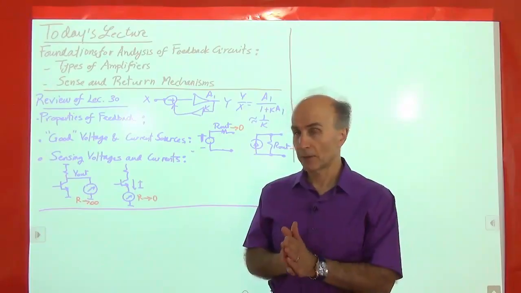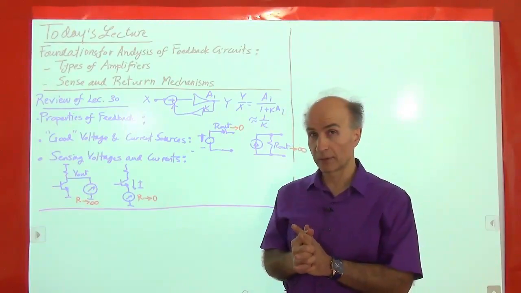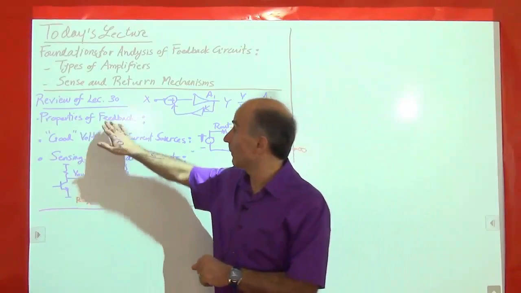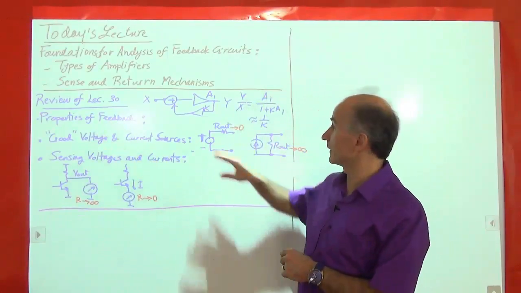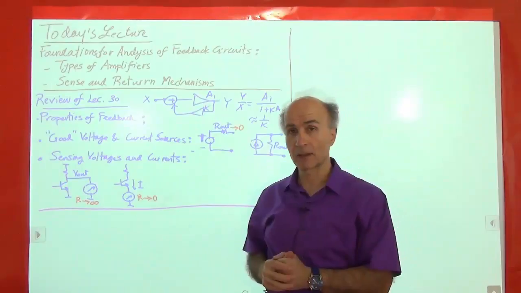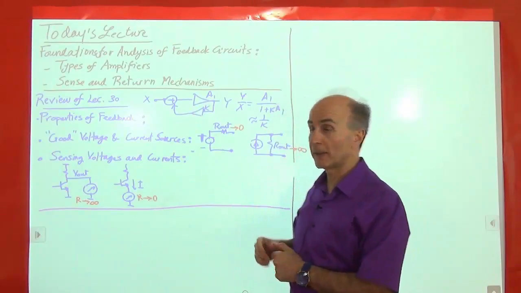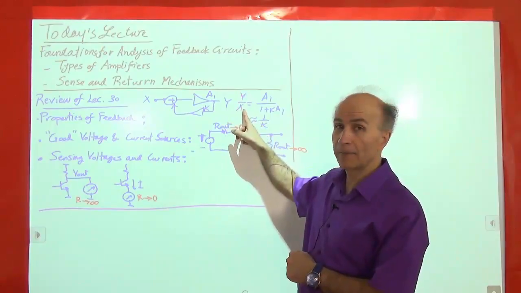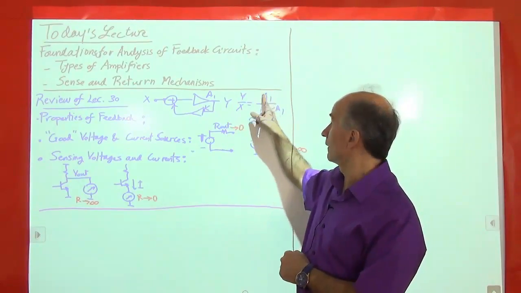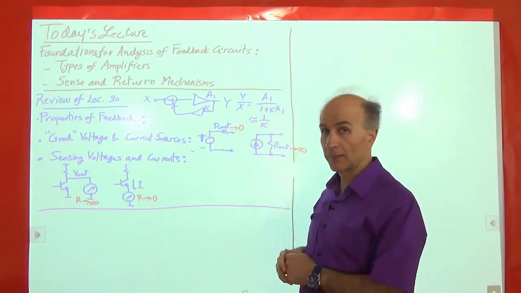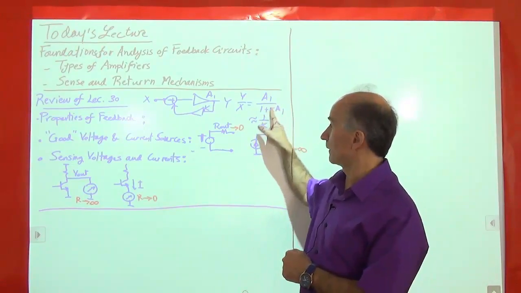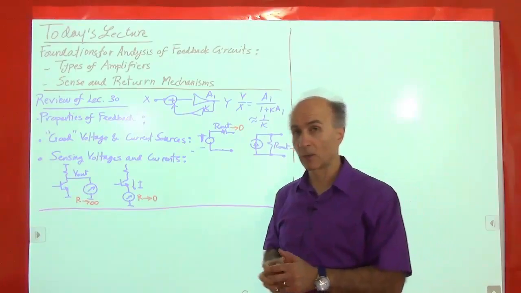All right. But first, let's briefly look at what we covered in the previous lecture. We went over properties of feedback. So we said that in a negative feedback system like this, we benefit from the fact that the closed loop gain is only a weak function of the open loop gain, because it's approximately equal to 1 over k if the loop gain is much greater than 1.